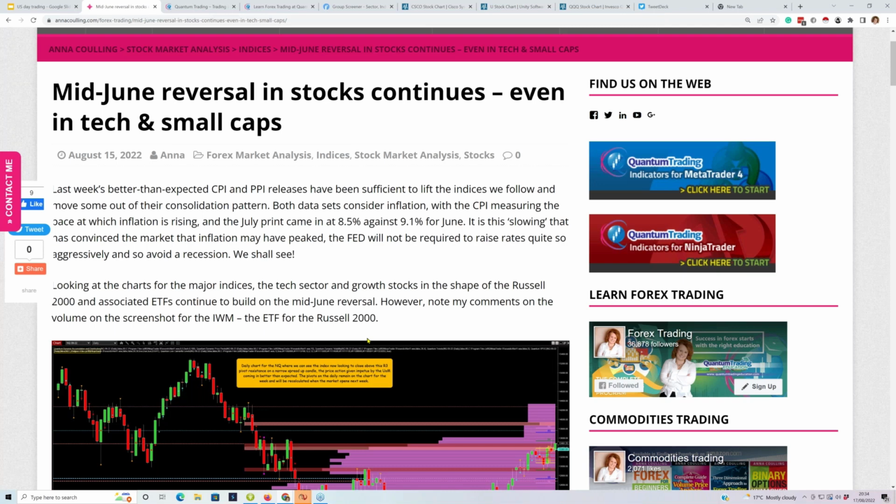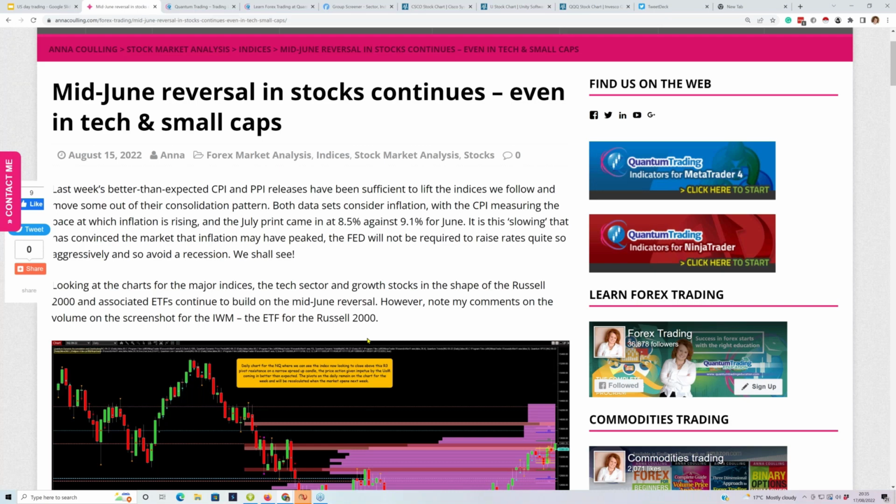You will either read this is a bear market rally, and by that what they mean is, if we go back to the big crash of 2000, when the Nasdaq lost, I don't know how many percentage points, was it 90% of its value, I'd have to go and look that up.